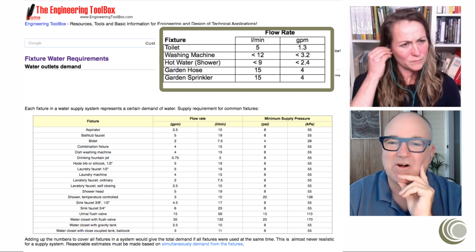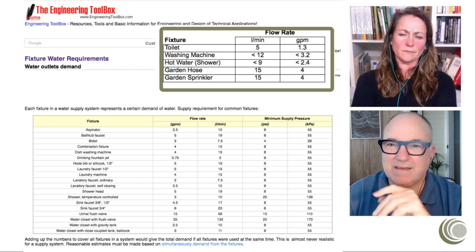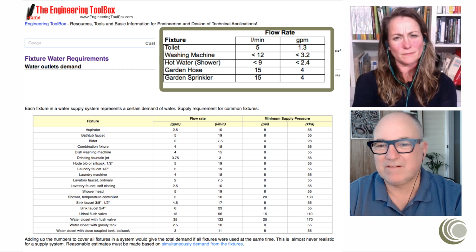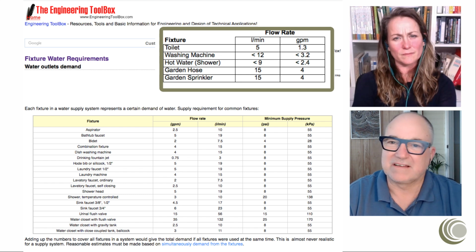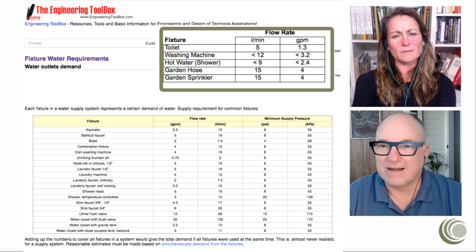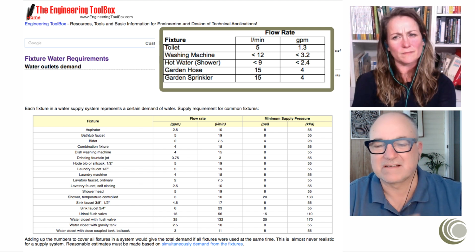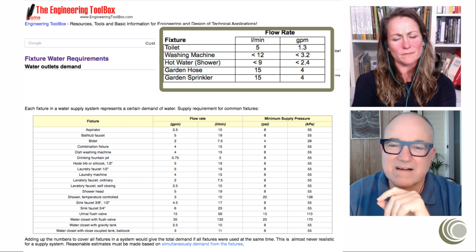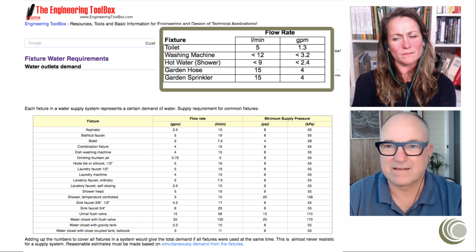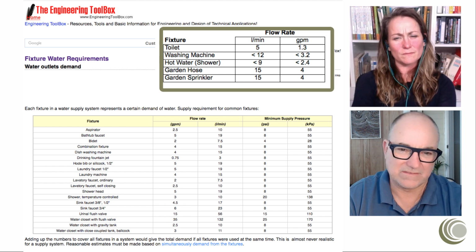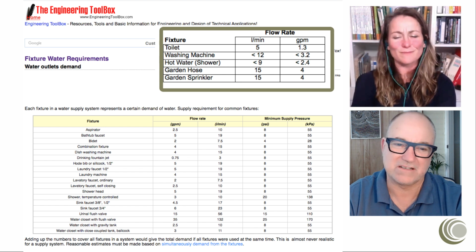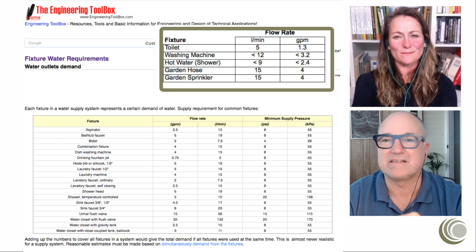But we need to think this through too. A toilet is a slow top up. Even the 5 litres per minute, we've got monitoring of how households work, and we've got monitoring of thousands of households. The average flow rate going into toilet systems is less than 1 litre a minute, because they top up very slowly. There's actually a valve inside toilet systems that is fully open when they're empty, but as the toilet system fills up, it closes and the flow rate changes and reduces all the way until zero.